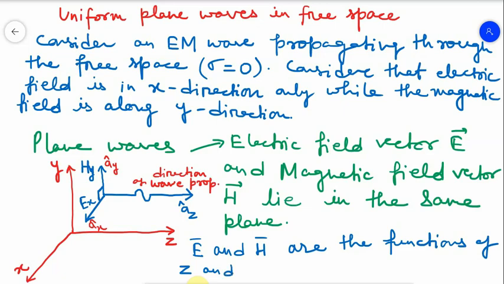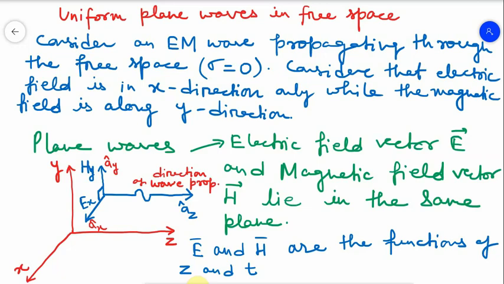Z is space, this direction, and t is time, because the wave is propagating with respect to time. So with respect to space, along the z axis, and with respect to time, E and H both are functions of z and t.